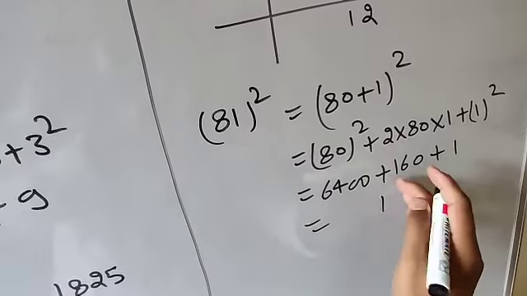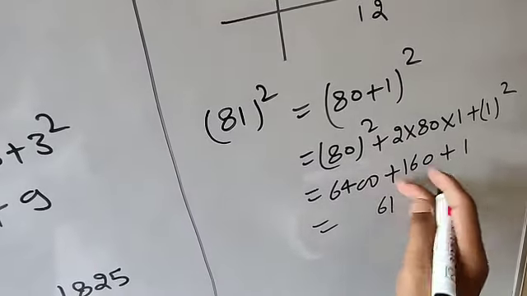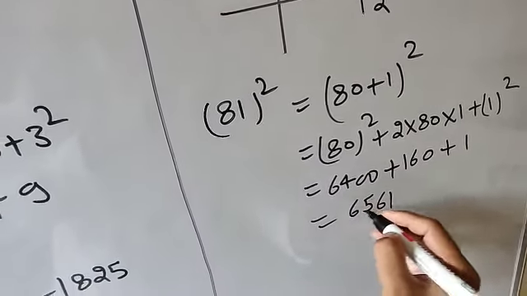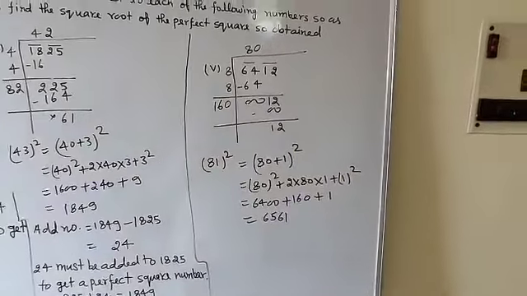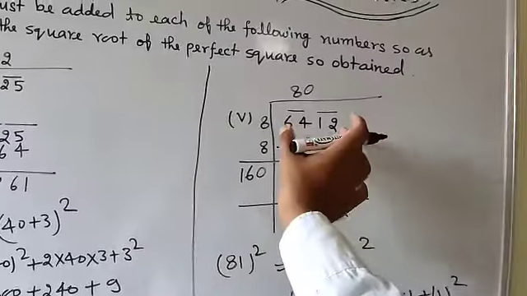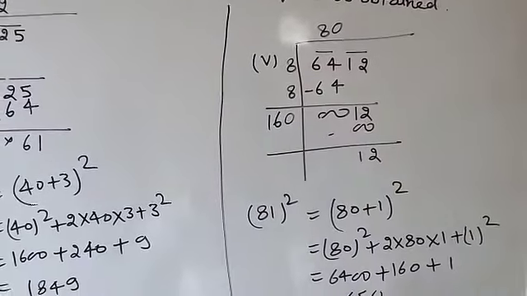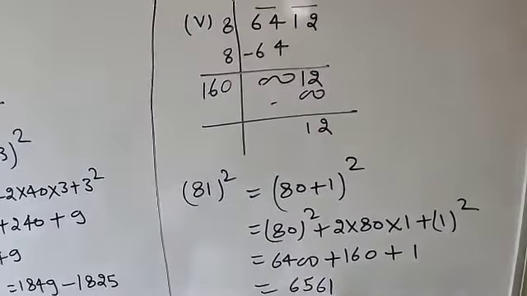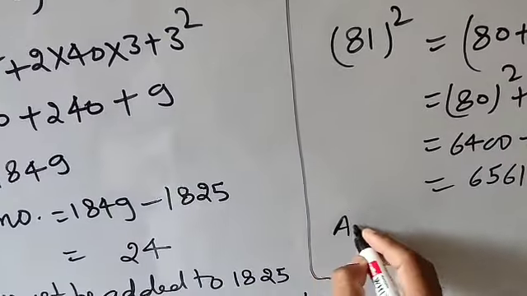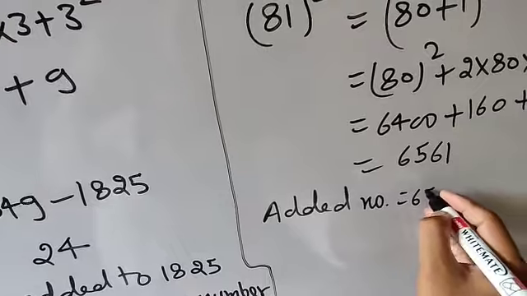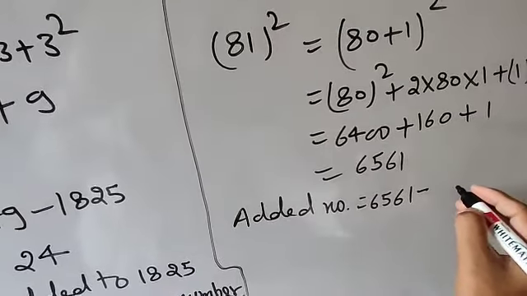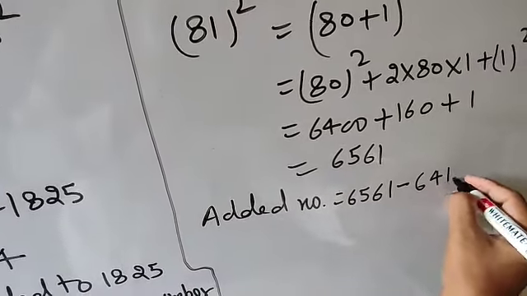It will be 6561. So whatever the number should be added to 6412, so that it will be 6561, the added number is equal to 6561 minus 6412.